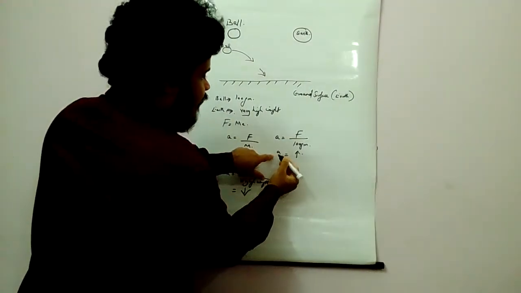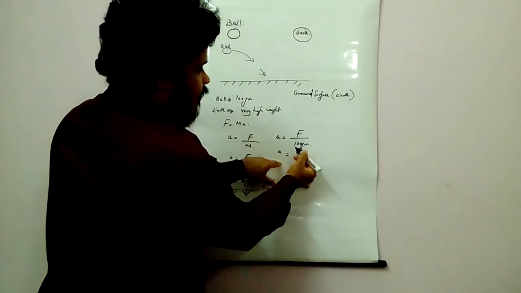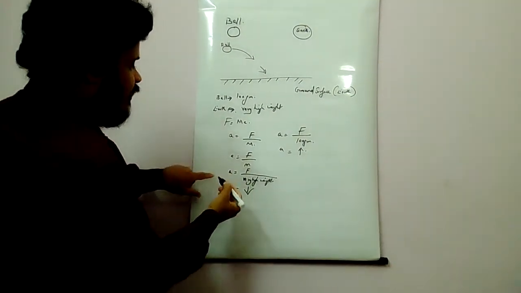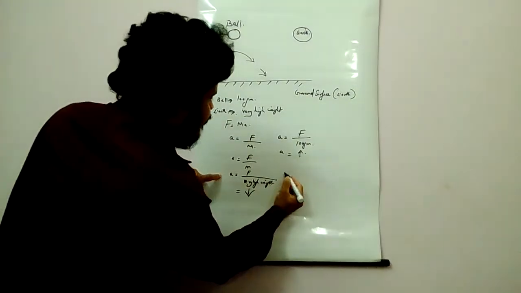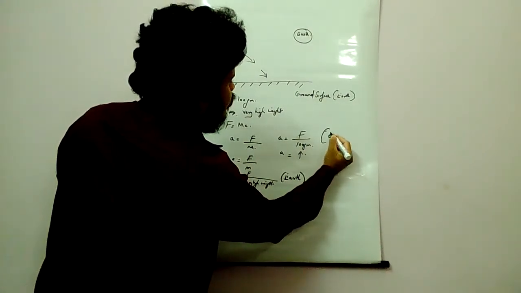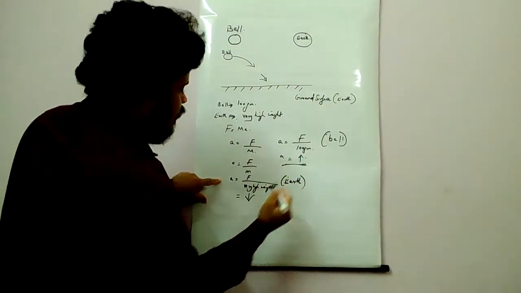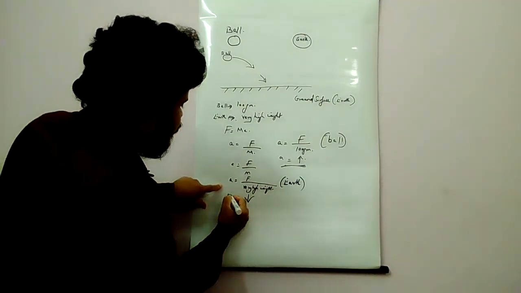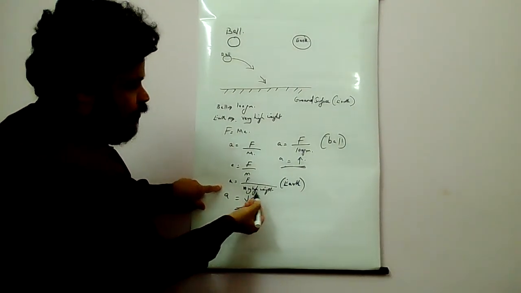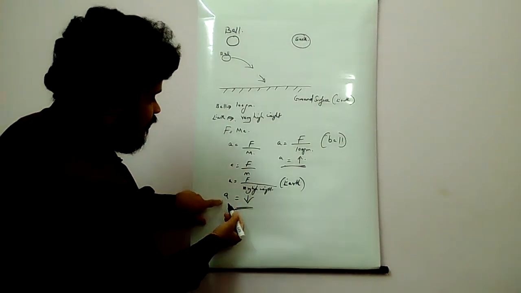Since the denominator is low, the acceleration of the ball will be high. For the earth, since the denominator has a high value, the result will be low, so the acceleration of the earth will be low.